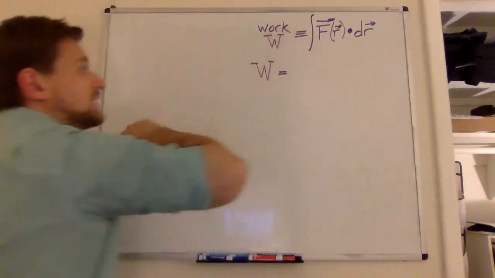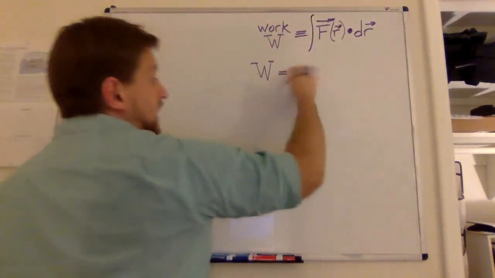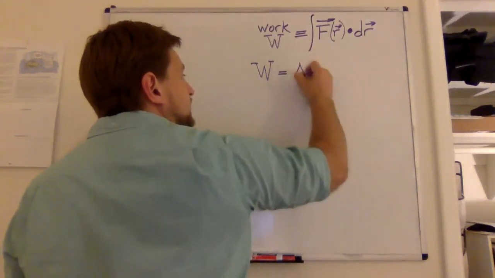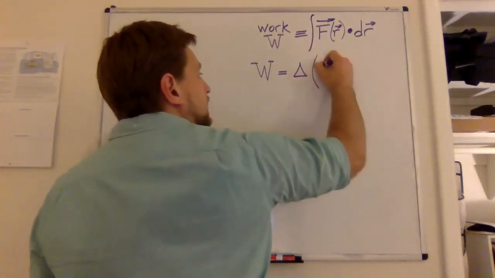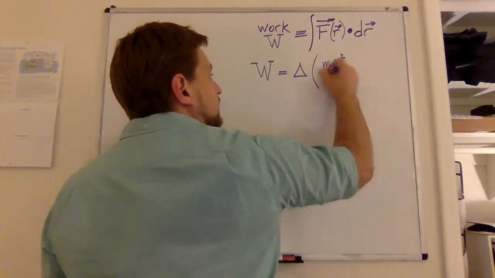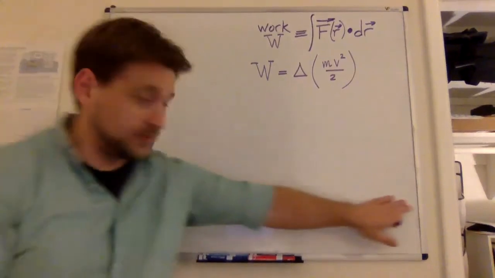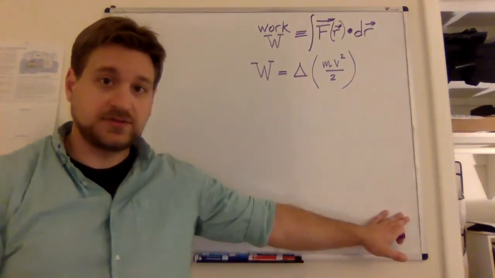If we use that definition, then we have shown that it is true that this is all equal to delta mv squared over 2. And now there's no x component. It was the entire scalar speed.